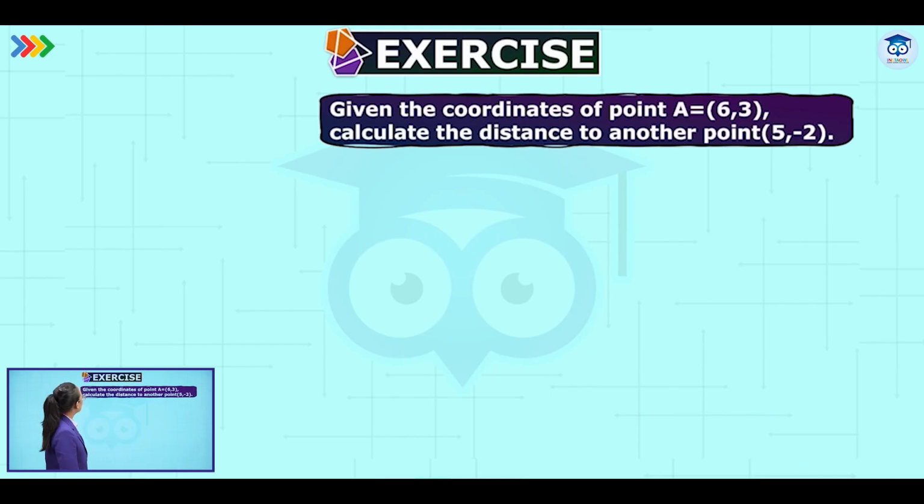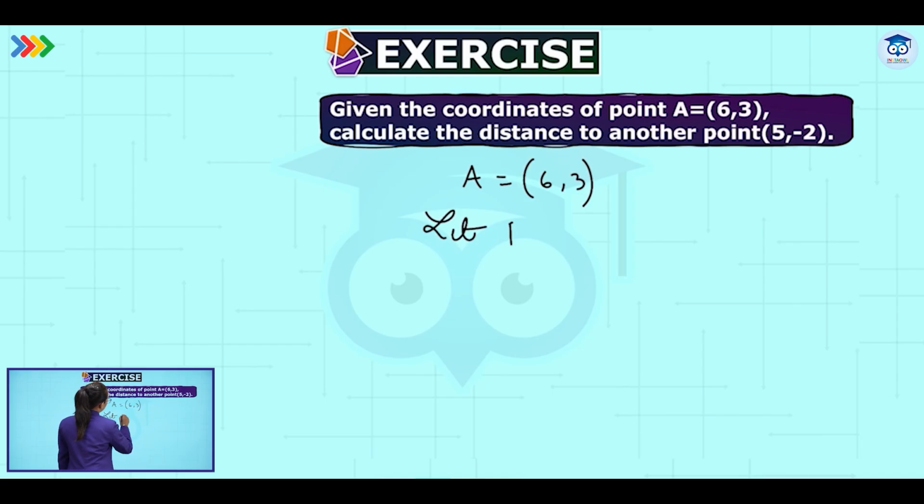Moving ahead, we are given the coordinates of point A as (6, 3). Calculate the distance with another point (5, -2). So given A is (6, 3), let P be (5, -2).